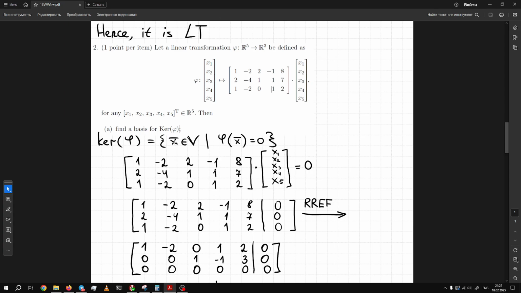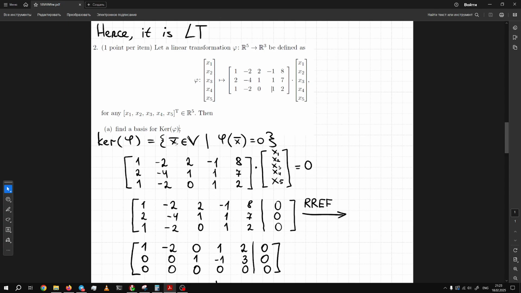Once again, the vector x from space V, where phi of vector x, that means this is transformation of this vector, is equal to 0.